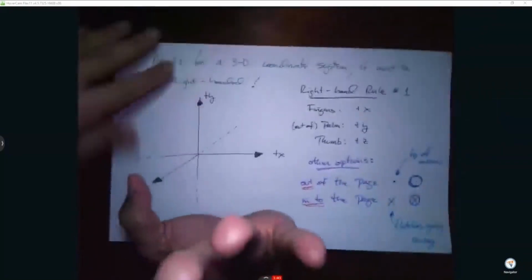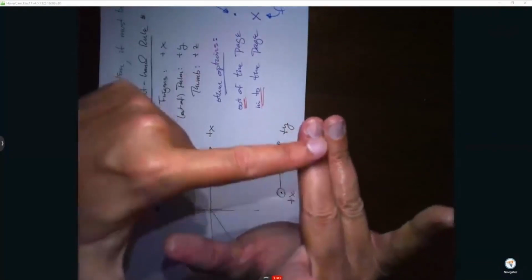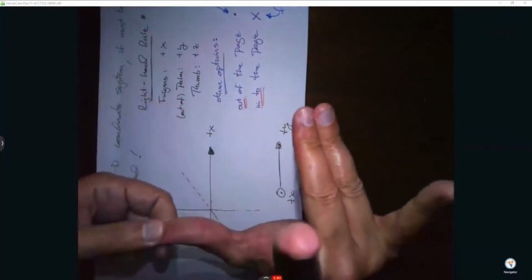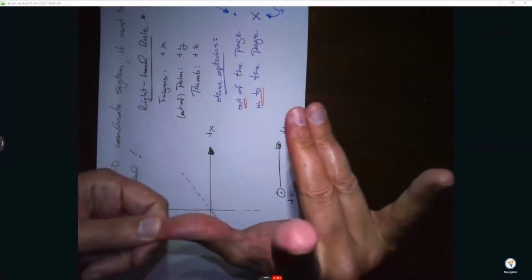Notice I can turn my hand so that out of the palm points in different directions. What we want is the fingers in the direction of plus X, which is out of the page, the out of the palm direction to be plus Y, and then our thumb points in the direction of plus Z. So it will go up on the page.